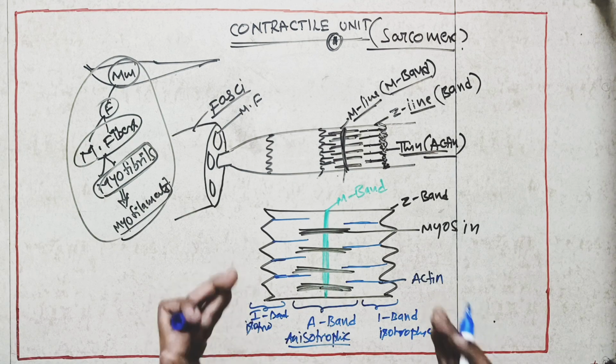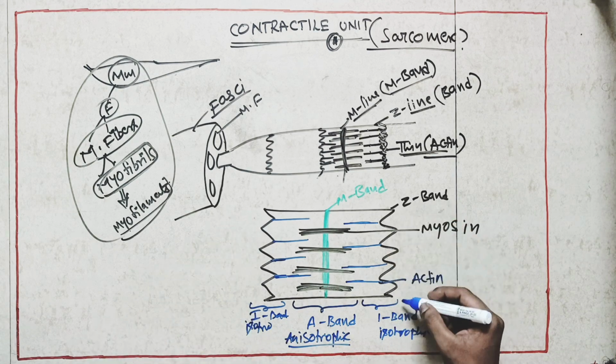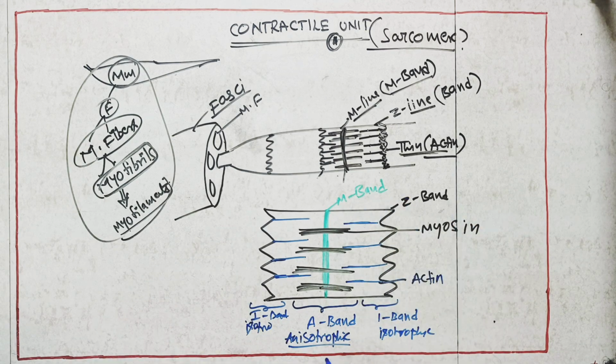So if we take one sarcomere, the Z line will be there, the M band will be there, the anisotropic A band will be there where thin and thick filaments are present, and where only thin filament is there is the isotropic I band.